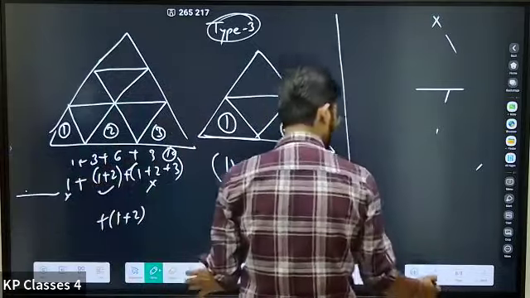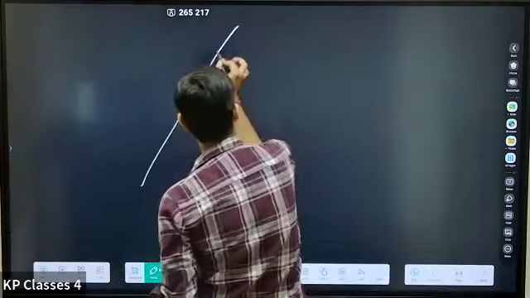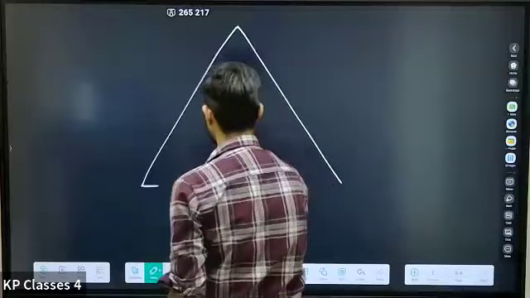This figure I'm not able to draw. It can be made more complicated.